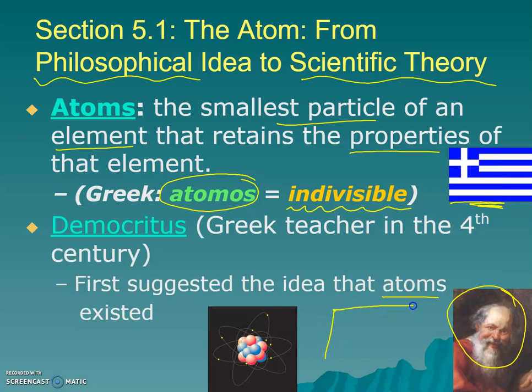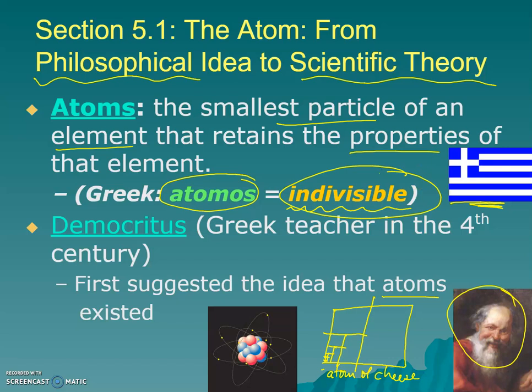He said, if I take this piece of cheese and divide it in half, and then in half again, and again, and again, down to this very teeny tiny fundamental part, I will have an atom of cheese that will be indivisible. And he called them atoms.